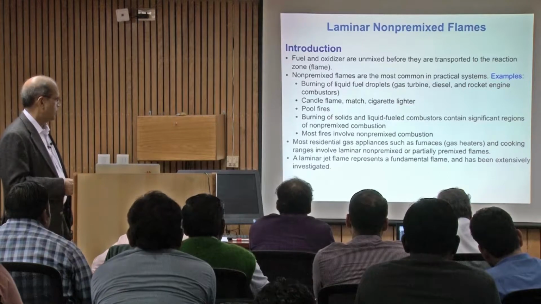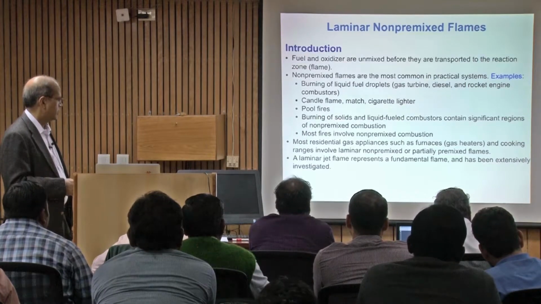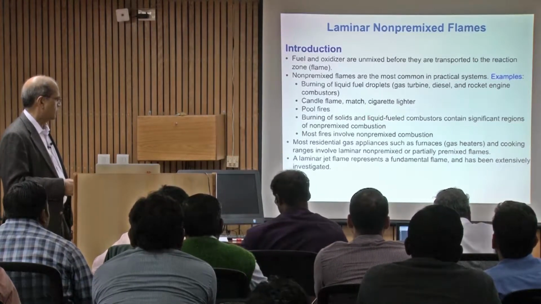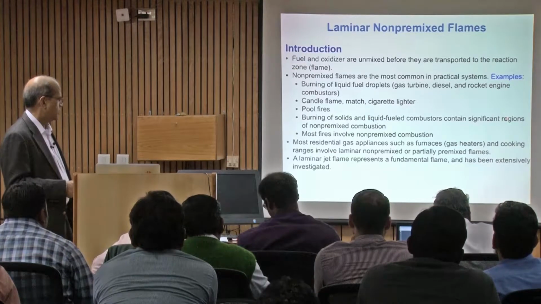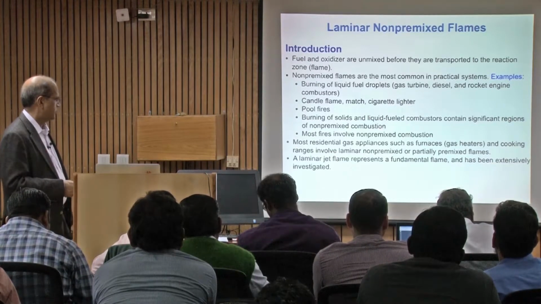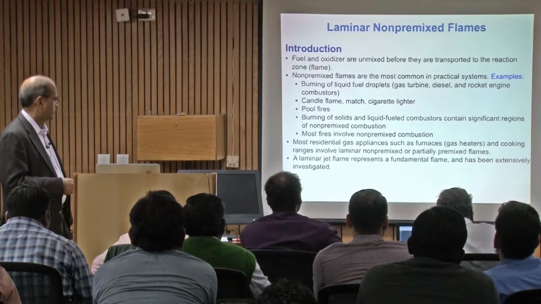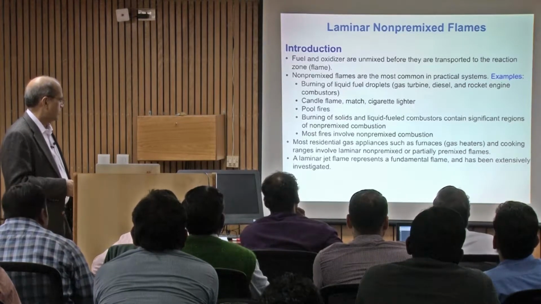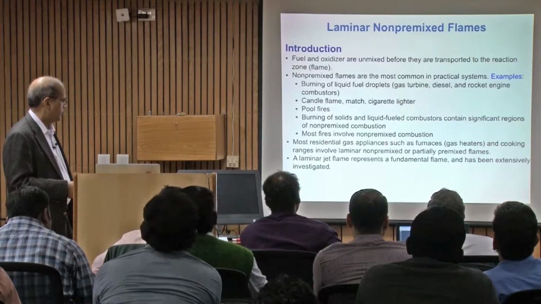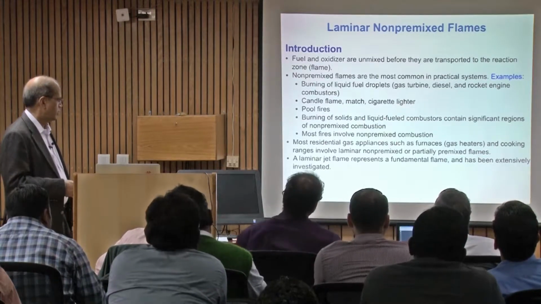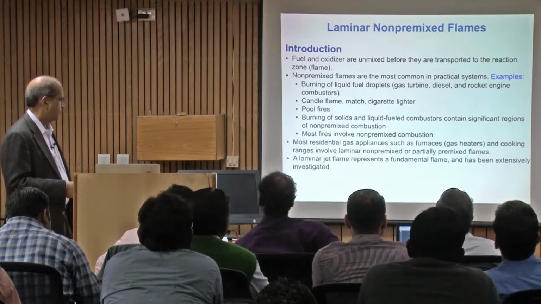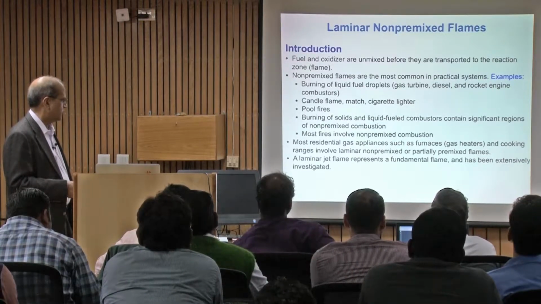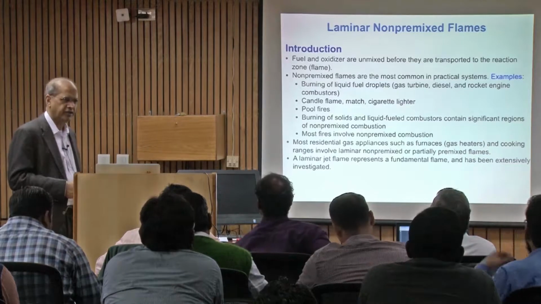Then there are other applications like solid fuel combustion and liquid fuel combustion. They contain significant regions of non-premixed combustion. Most residential gas appliances as well. Now, I should not claim this is true everywhere in the world. This is more in the US. I don't know about Europe or Asia or India.